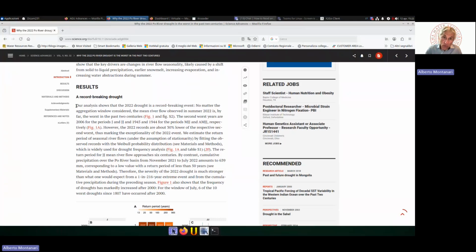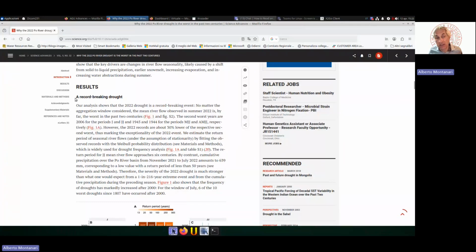More specific journals, for instance, regarding the subject, scientific journals focusing almost exclusively on hydrology, they prefer to give first the detail of the methods, because the very specific, very technical audiences are also very much interested in the methods and not only in the results.